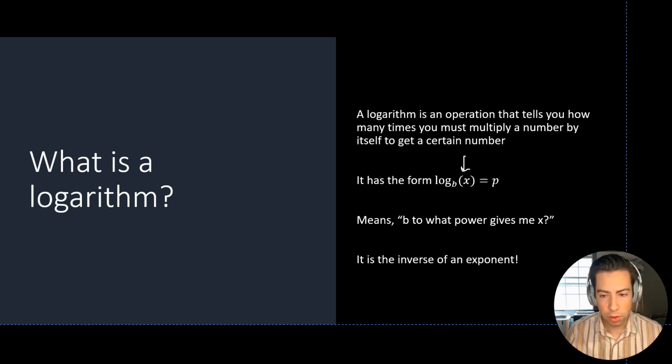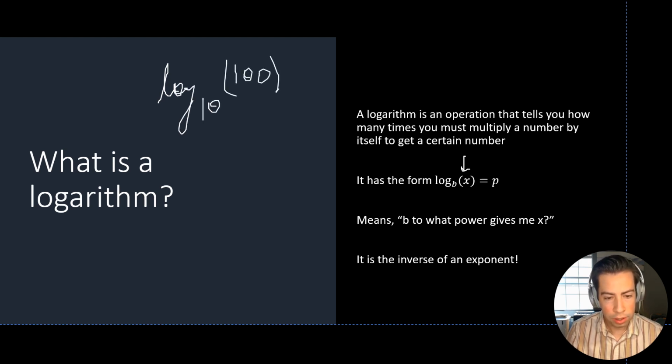So let me go ahead and give you a little example here, okay? So if I have log base 10 of 100, and I want to figure out what that equals, I have to ask myself how many times, or I should say 10 to what power, we'll call it a, right?